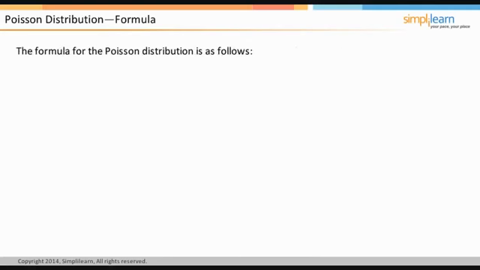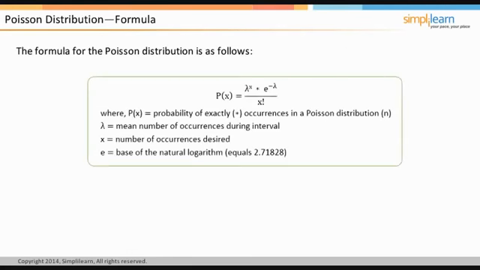The Poisson distribution for a probability of exactly x occurrences is given by P of x equals lambda to the power of x multiplied with e to the power of minus lambda, whole divided by factorial of x. In this equation, lambda is the mean number of occurrences during the interval, x is the number of occurrences desired, and e is the base of natural logarithm, which is equal to 2.71828.